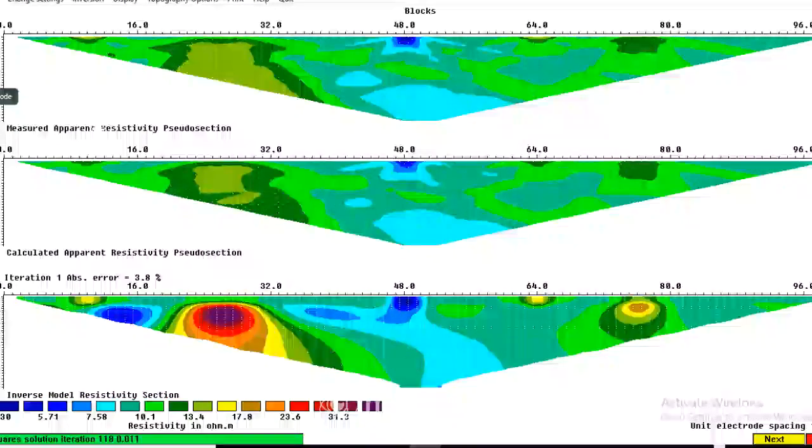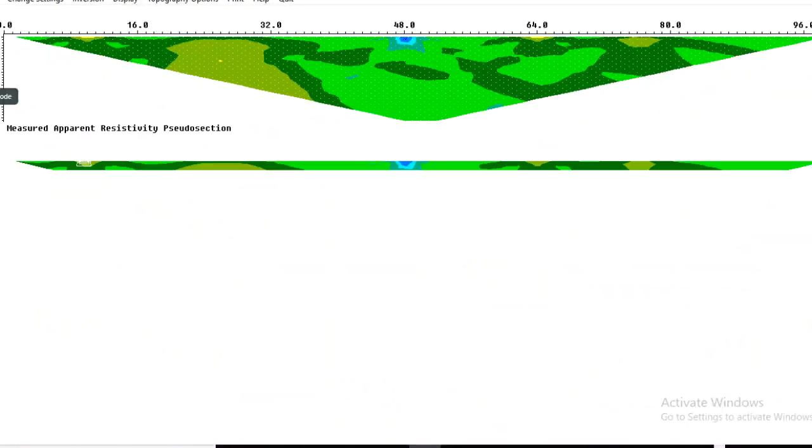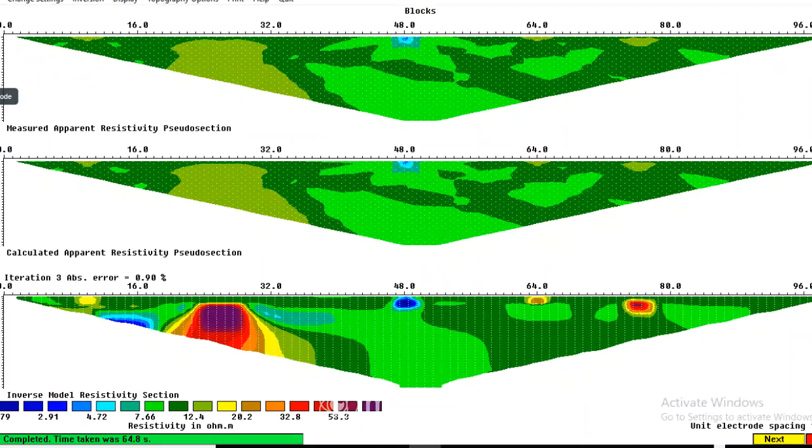successfully accomplished. And we can get three things at the same time: the measured apparent resistivity pseudo section, the calculated apparent resistivity pseudo section, and the inversely modeled resistivity section. So when you conduct the two-dimensional resistivity technique using RES2DINV software, the three displayed values are the measured apparent resistivity pseudo section, the calculated apparent resistivity pseudo section, and the inversion model of resistivity section.